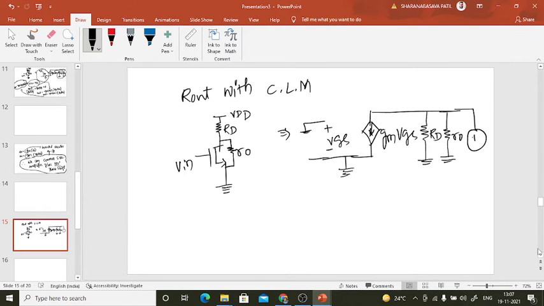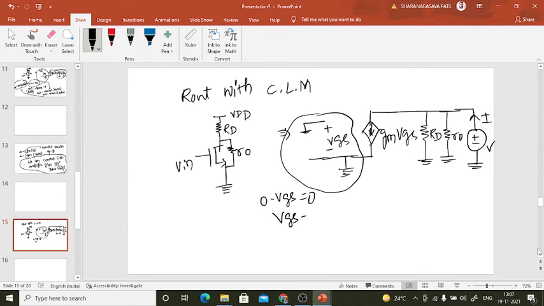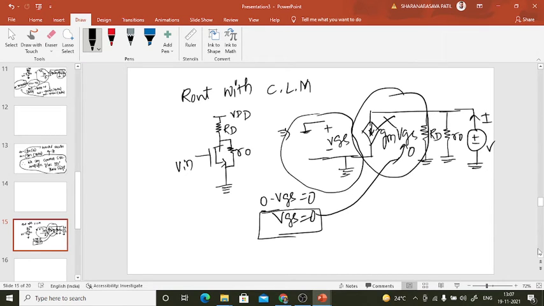To find output resistance, we need to connect one test voltage and find out the current. Apply KVL here: 0 minus VGS equal to 0. This gives VGS equal to 0, which means the current source will become 0, so it will be open circuited.